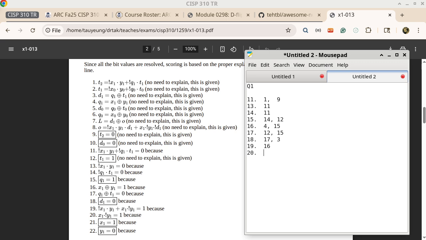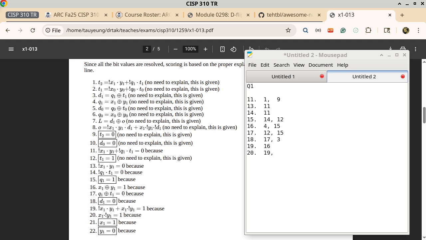And then we move on to 20. Number 20 needs two things. Number 19 is needed because that's where we can say the OR between those two things needs to be a 1. And now we have to ask, why can we be sure that this side is not a 1?